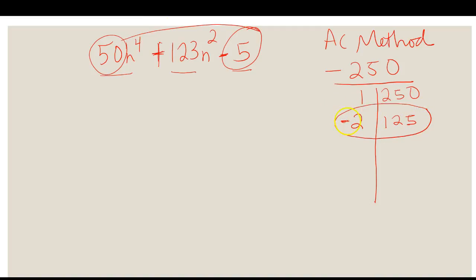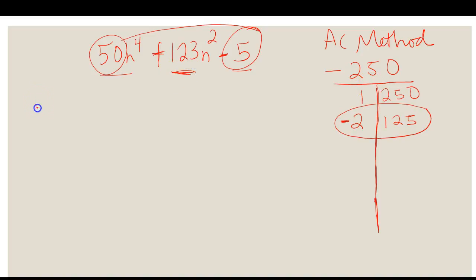And so if you recognize that you found the 2 factors, you don't have to exhaust the entire list. But if you're struggling with finding factors, it is best that you exhaust all of the possibilities and write them all down, list them all here, and then try to decide based on your knowledge of integer rules what will multiply to give you -250, but at the same time add to give you this middle coefficient.